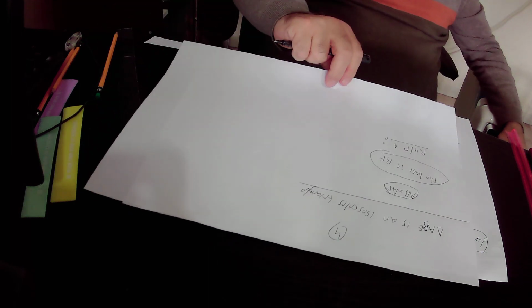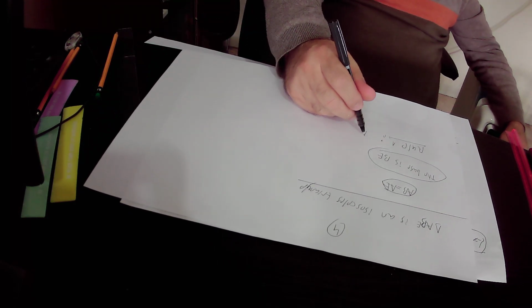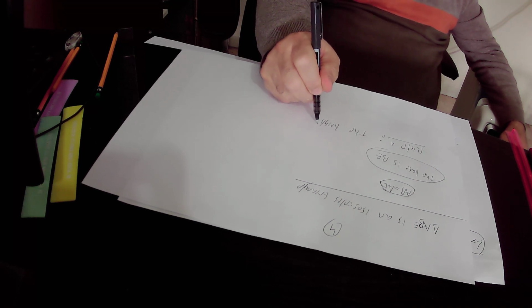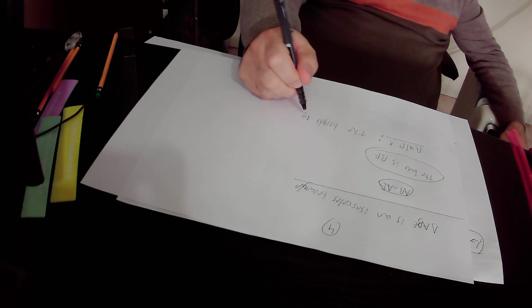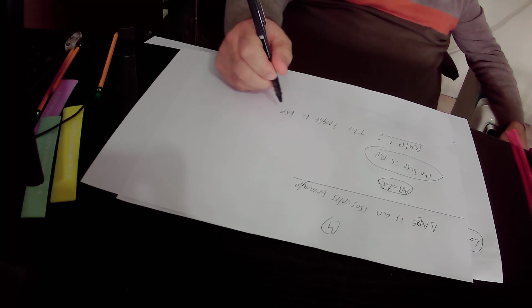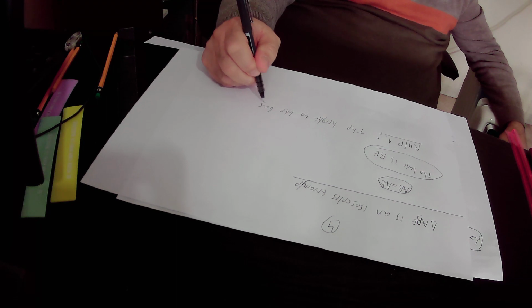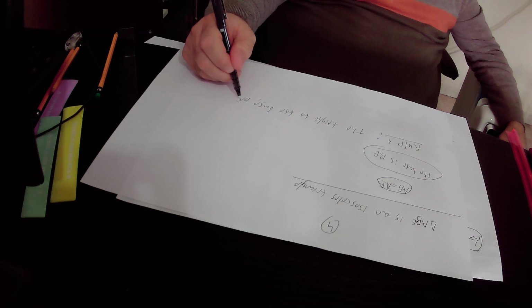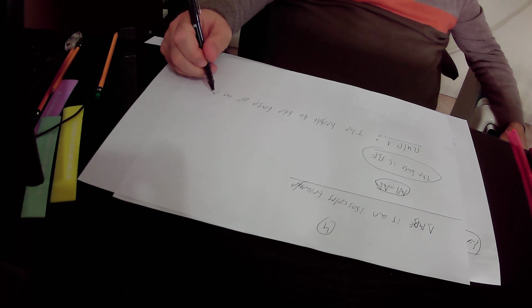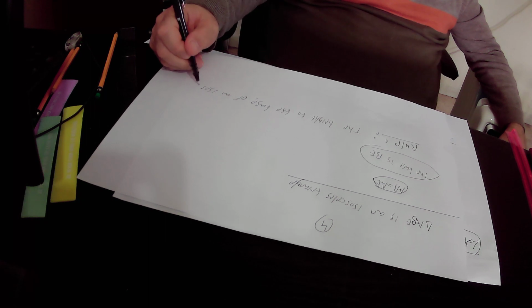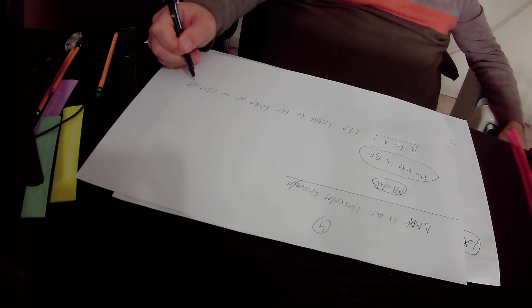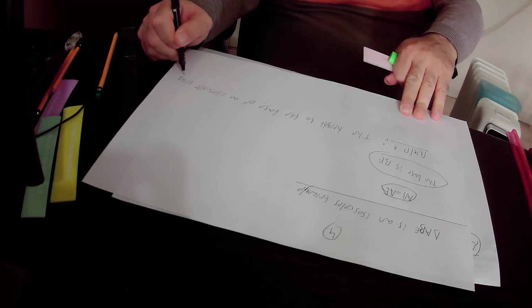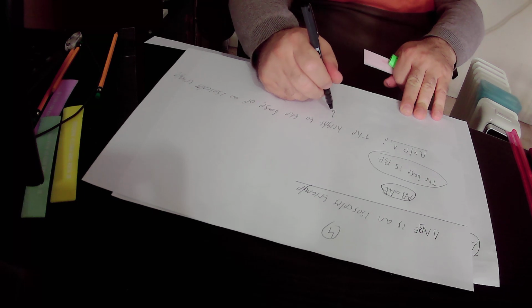And according to rule number 1, the height to the base of an isosceles triangle bisects the base.